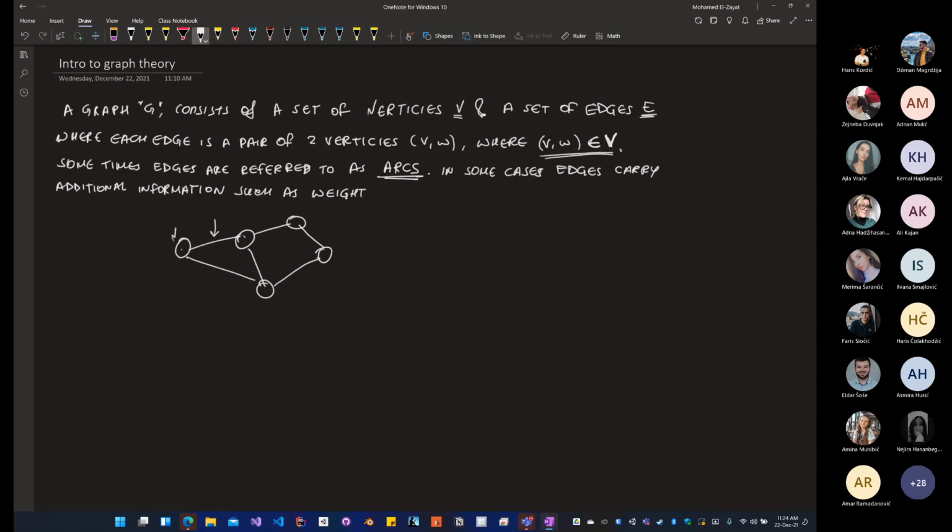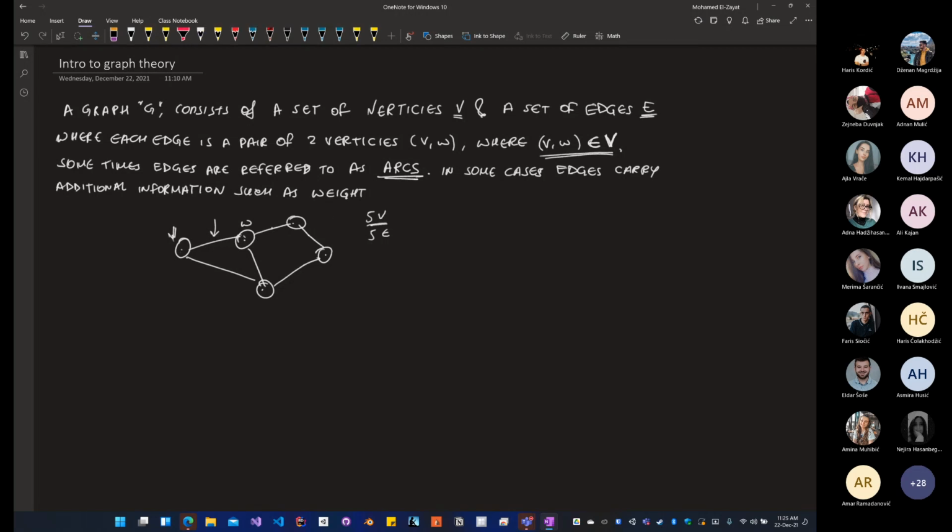So this is V, for example, and this is W. If you have 1, 2, 3, 4, 5, let's say 5 vertices, and 1, 2, 3, 4, 5 edges, every edge has at most two vertices.